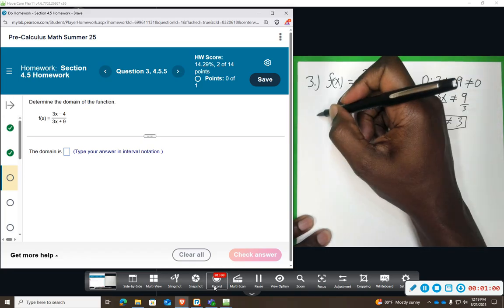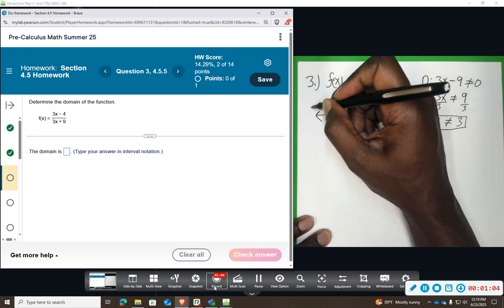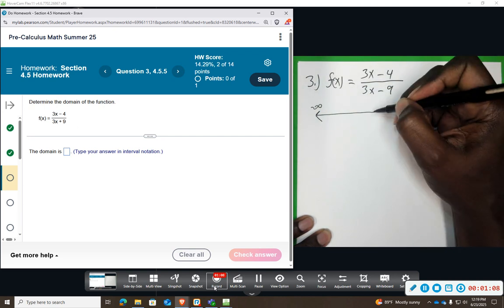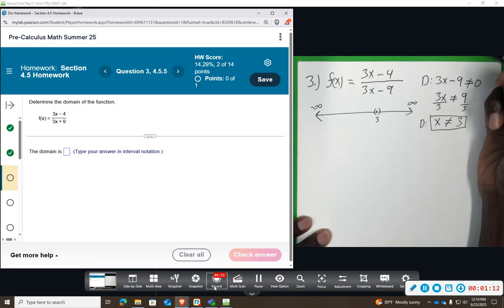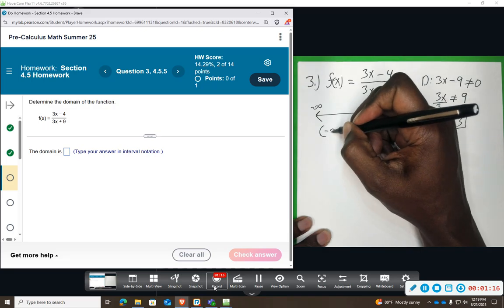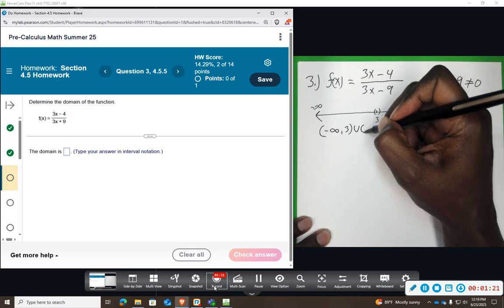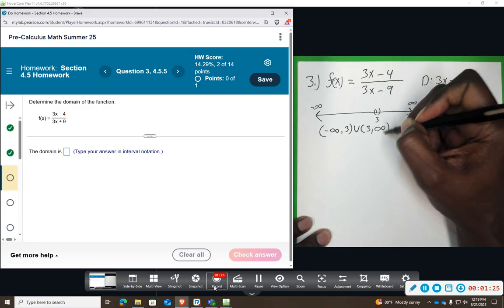And if I looked at a number line to write this in interval notation, I would be looking at negative infinity to positive infinity and removing the number 3. So 3 would be removed. That would give us the interval negative infinity to 3 in connection or union with 3 to positive infinity.